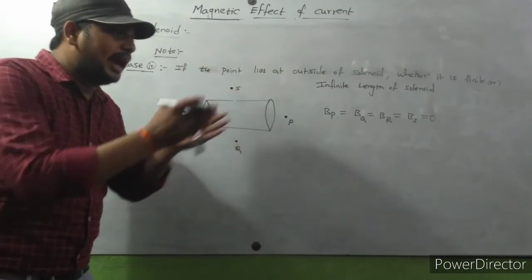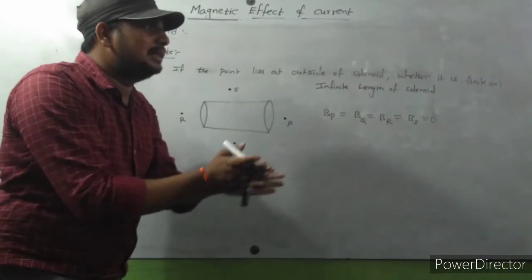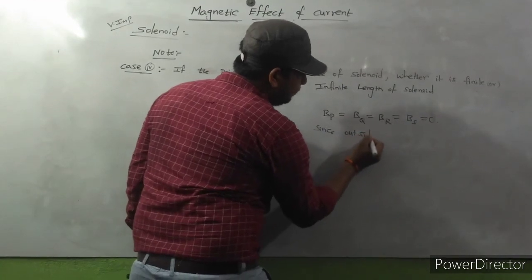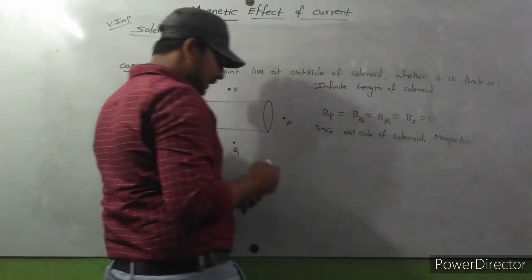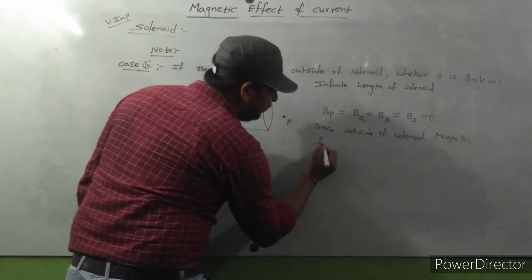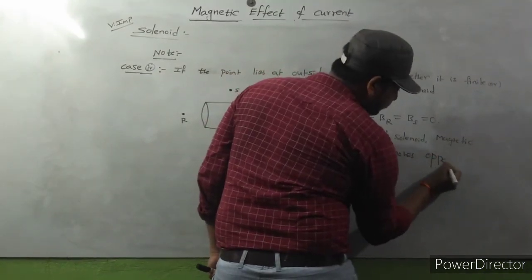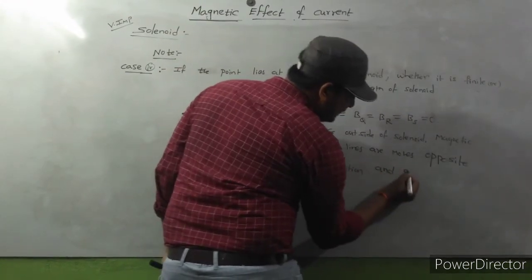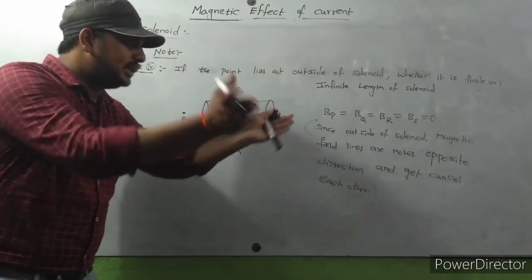Since outside of the solenoid, the magnetic field lines bend and move in opposite directions, those magnetic field lines cancel each other.